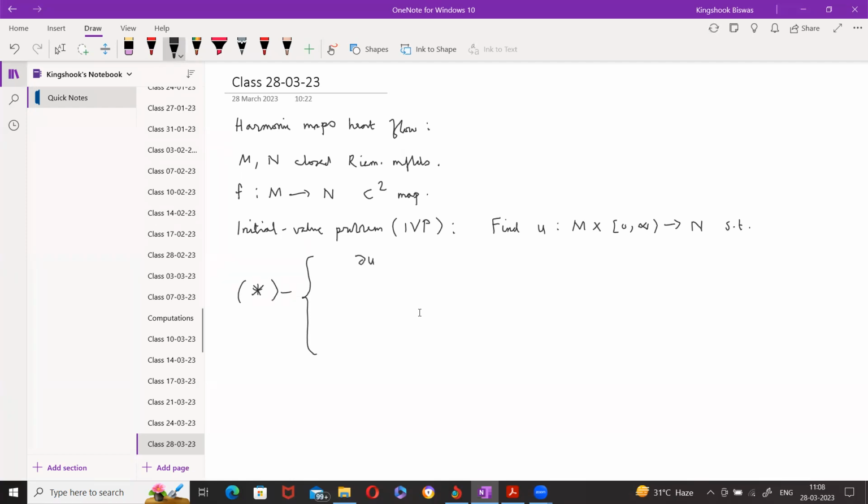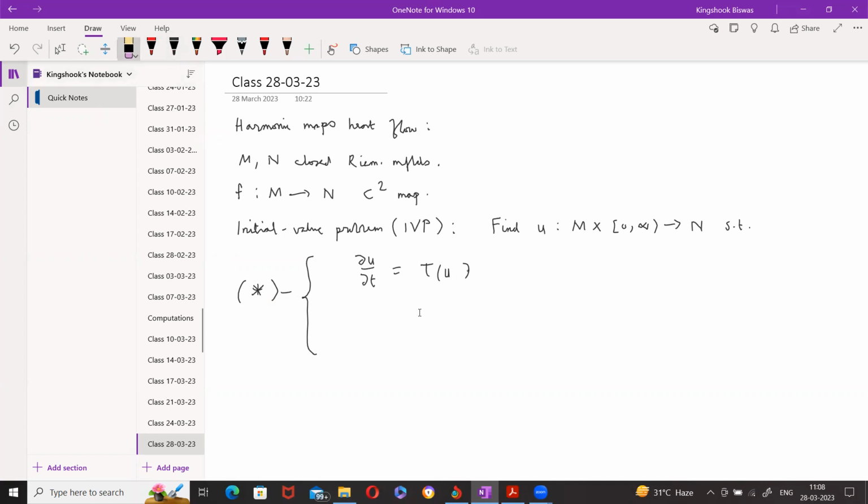That means that del U del T, so what happens if you differentiate U with respect to T? That will give you a vector field along U at time T. And this vector field along U should be equal to the tension field of U at time T. I'll just write tau U. It's understood the tension field is only acting in the space variable.